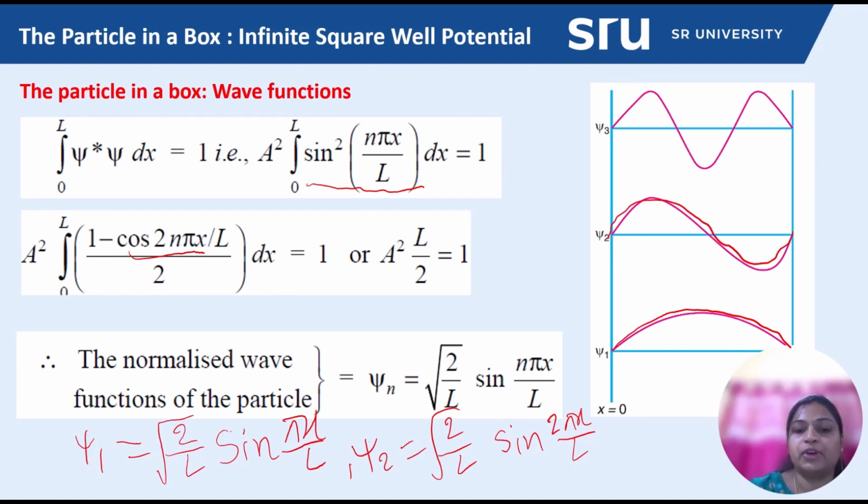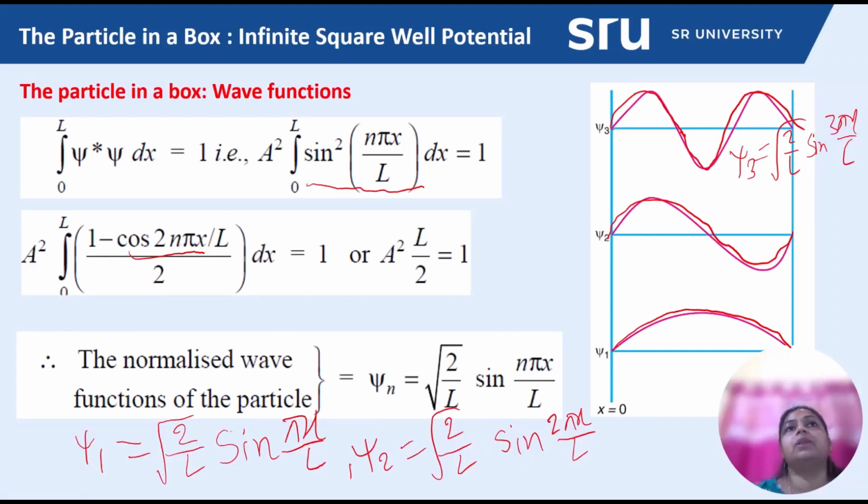Similarly for psi 3, psi 3 is equal to root of 2 by L sine of 3 pi x by L. Basically it will be psi 1 complete and then one more, so two will be on the positive side and one on the negative, so this is the wave pattern for psi 3, and so on.